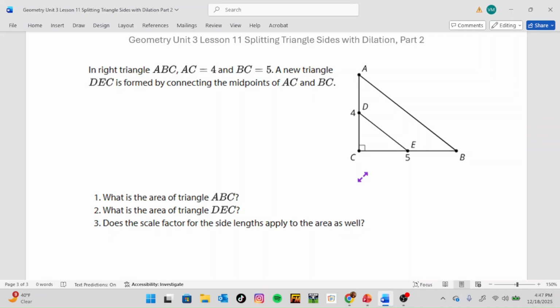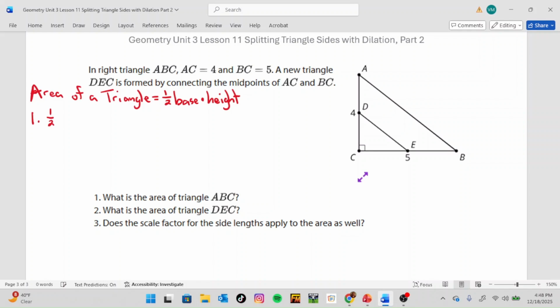So the first thing you need to understand is the area of a triangle is 1/2 base times height. So for number 1, we have a base of 5.